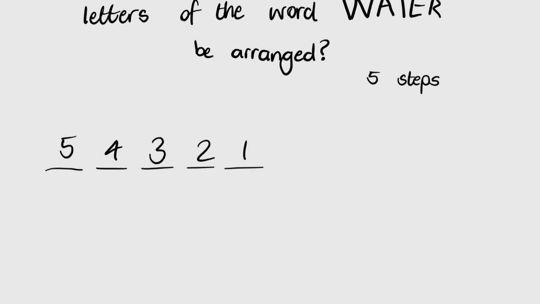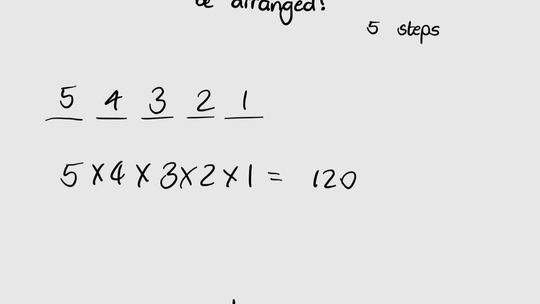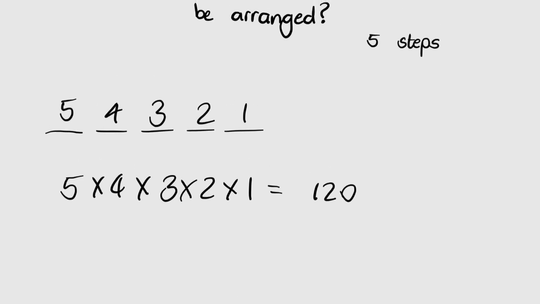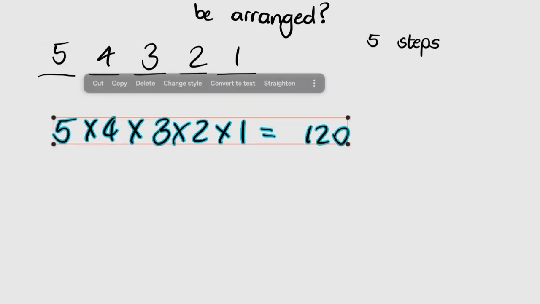So in this case, there's going to be 5 times 4 times 3 times 2 times 1. That is 120. Actually, I know that off the top of my head just because I just know what 5 times 4 is. Anyways, what this is also known as is a factorial.